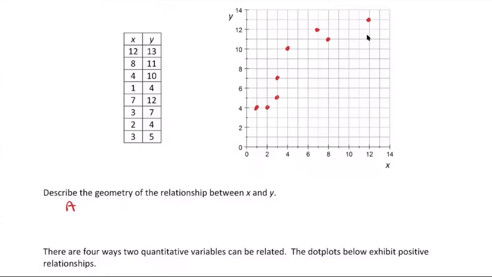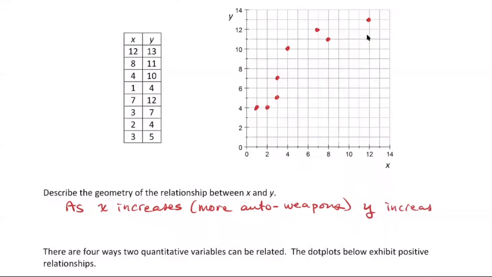But let's say as x increases, which means more automatic weapons, y increases as well. That's more murders.